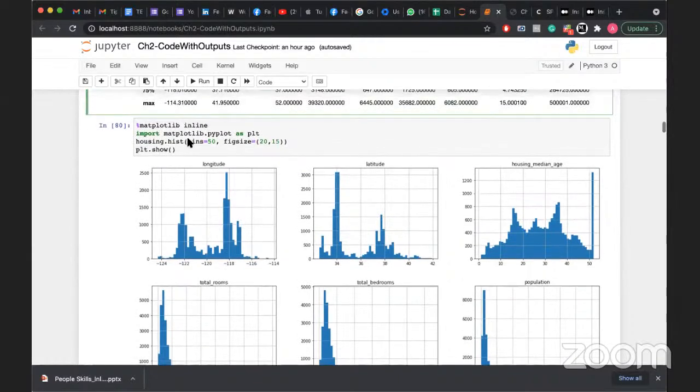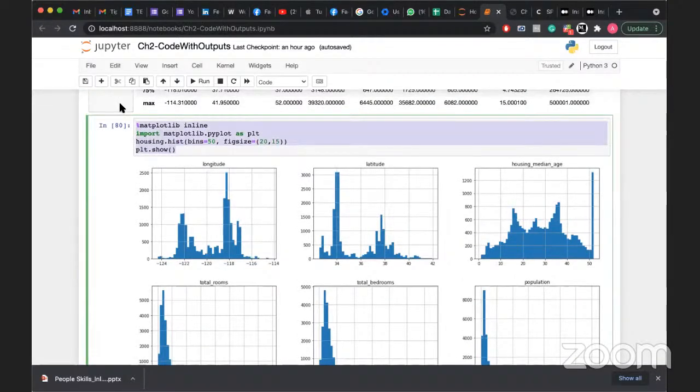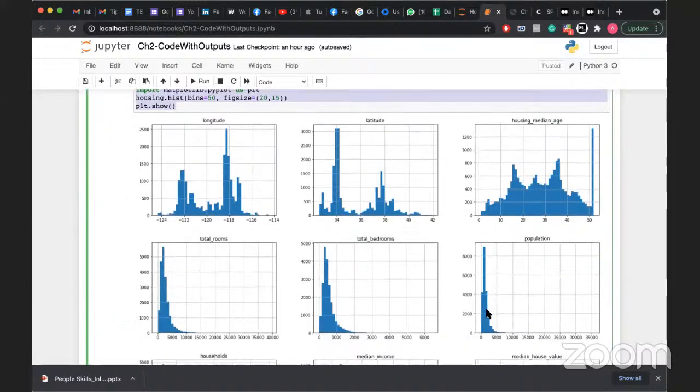Using the matplotlib function. Now, I want you to execute this and tell me how the data distributions look. So these are the data distributions for latitude, longitude, median housing age, total rooms, total bedrooms, and population.